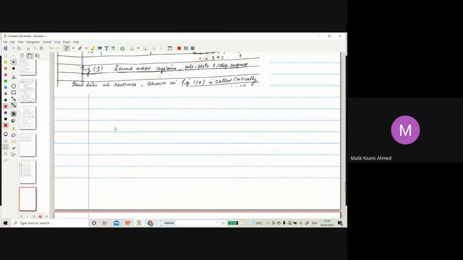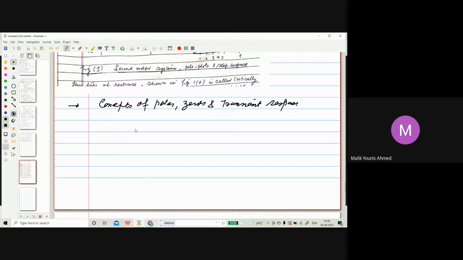Introduction to the system: now what we need to do is extend the concepts of poles, zeros and transient response to the second order system. These are three important things.